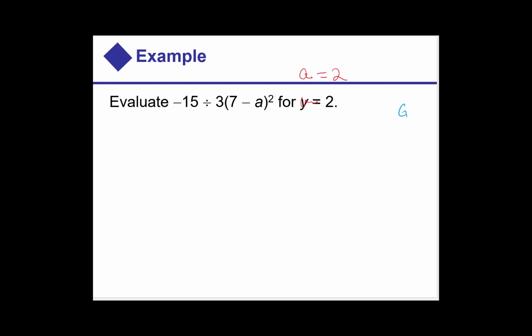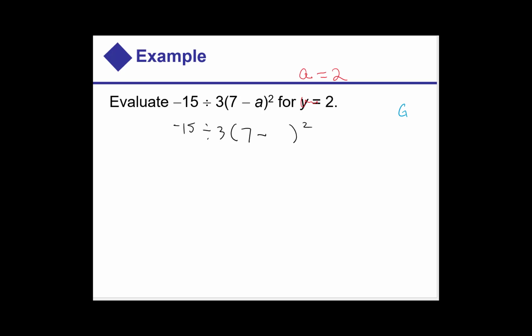Okay, well, what is 7 minus a? Well, if we didn't know what a was, it would be stuck. But in this problem, we actually do know what a is. So I think it's safe to rewrite the problem and take a out and plug in its value. So we're going to have negative 15 divided by 3 times 7 minus squared.